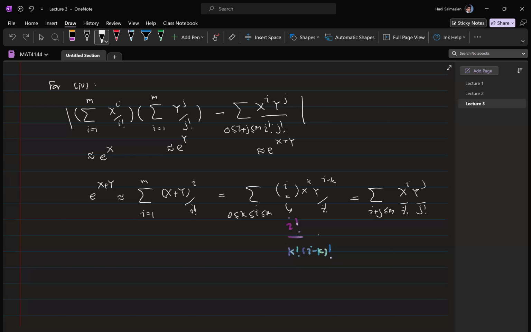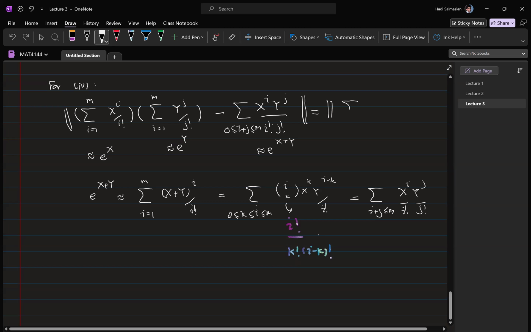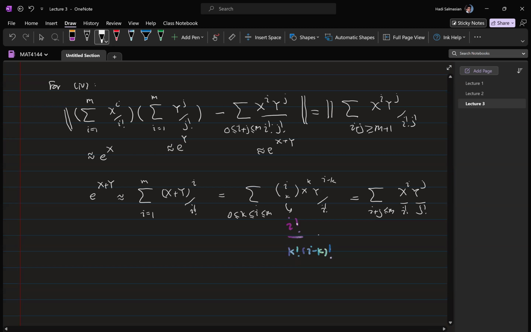So you basically end up with the norm of the sum of x^i y^j over i factorial j factorial, with i plus j bigger than or equal to m. Well, maybe strictly bigger than that, so maybe I should just put plus 1. There's a condition that i and j should be between 0 and m, right?